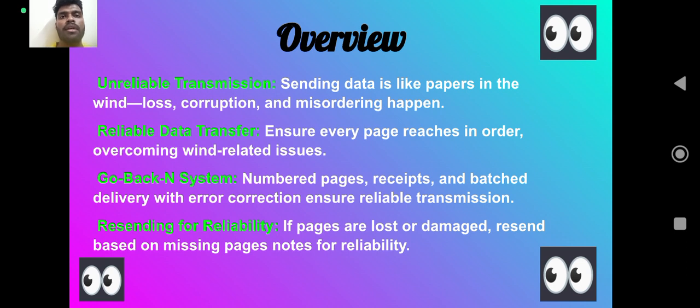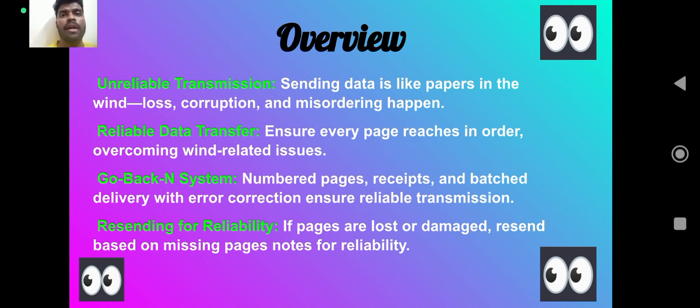This is the meaning of unreliable transmission. Reliable data transfer: suppose data is sent from one device to the other device, and whatever data order is sent by the sender is received in the same way by the receiver, then it is an example of reliable data transfer.